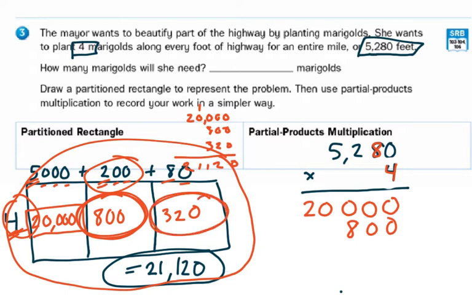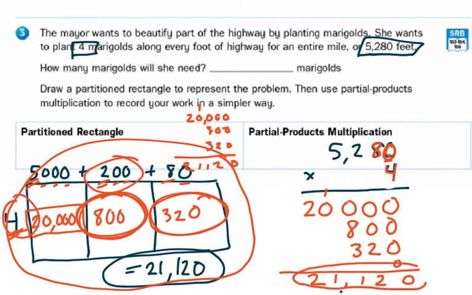Notice that's what I did over here. 4 times 8 is 32, and then 1 more zero behind it. In other words, 4 times 80 is 320. And then I would take the 4 times the 0, which is 0. Go ahead and add all of those up. And guess what? I get the same answer.